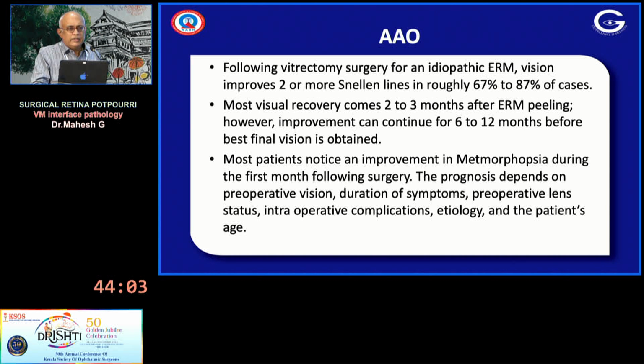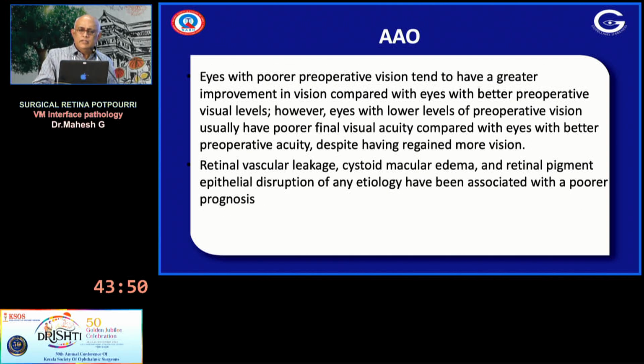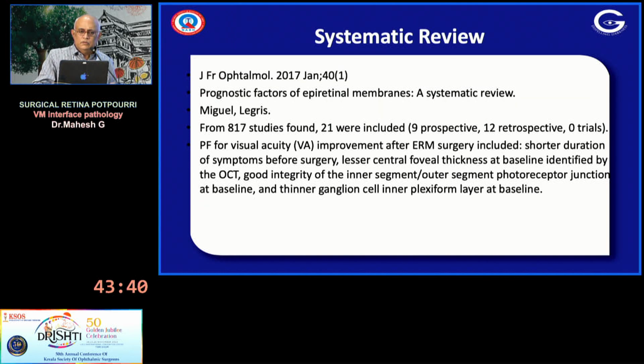Coming to epiretinal membrane, the American Academy articles and recommendations show that the outcome is a little unpredictable in epiretinal membrane, and the eye with very poor vision initially will not improve much. Eye with little better vision improves much, and the vision can improve over time up to 6 months or so.